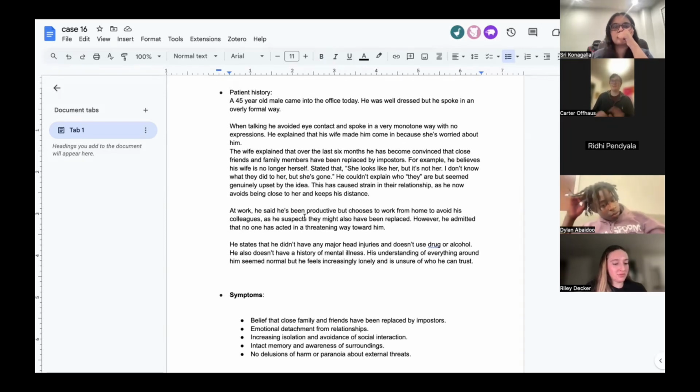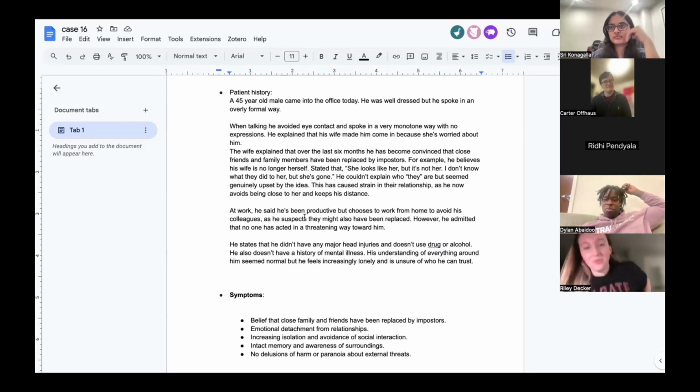He thought it was some imposter. The main symptoms that made us pick that were the fact that he thought people around him were not the people they really were. He didn't think his wife was the real person she was. So the symptoms aligned with the diagnosis, and we were like, okay, there's got to be this one.